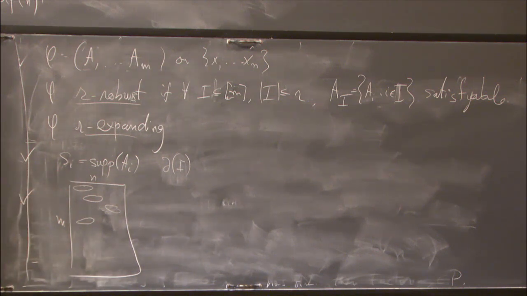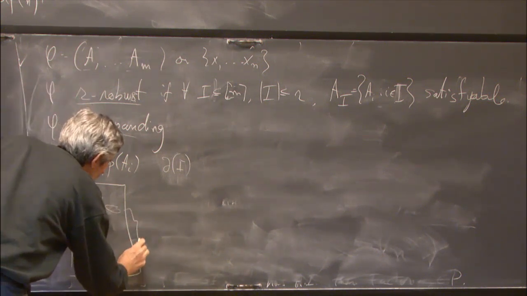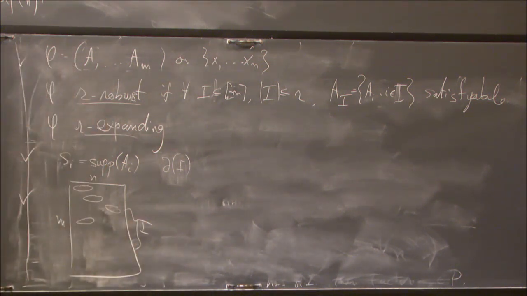And what is the boundary of a set? So we look here at a set of rows I, which is a bunch of edges in our hypergraph, and the boundary of this set is simply the vertices that belong to exactly one set, exactly one. They are on the boundary of this set.